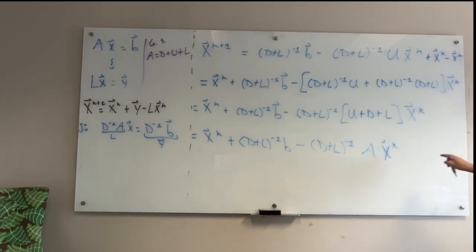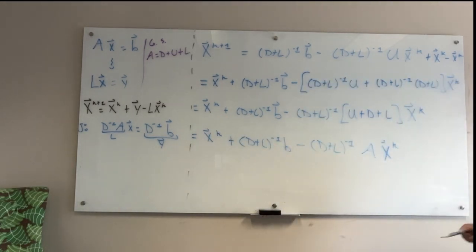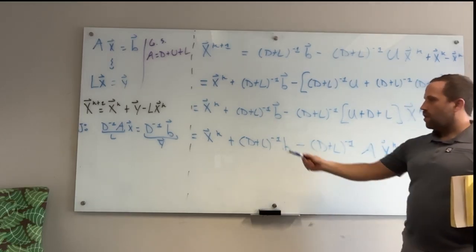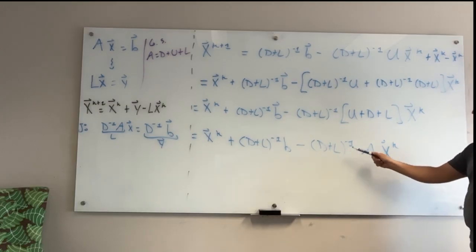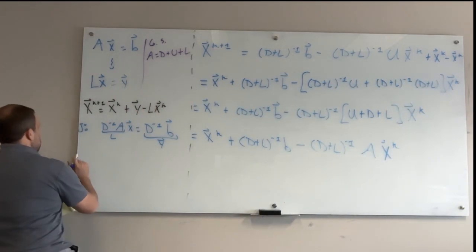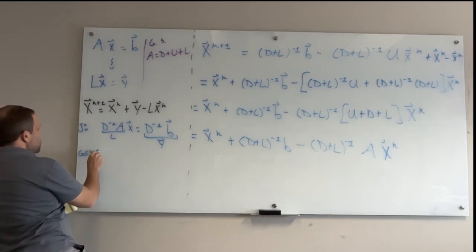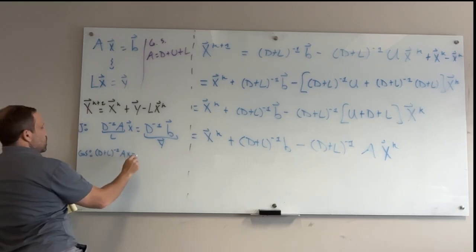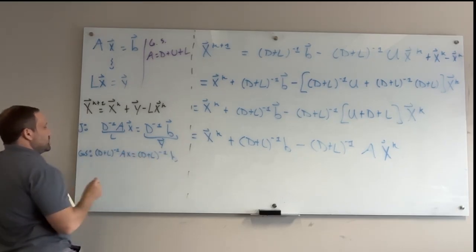Now we can make this match up with the Richardson iteration scheme here, where the x_k corresponds to x_k, the y corresponds to (D+L)^{-1} b, and the L corresponds to (D+L)^{-1} A. So for Gauss-Seidel, we take the system that we care about, which is Ax = b, and we multiply both sides of it by (D+L)^{-1}.